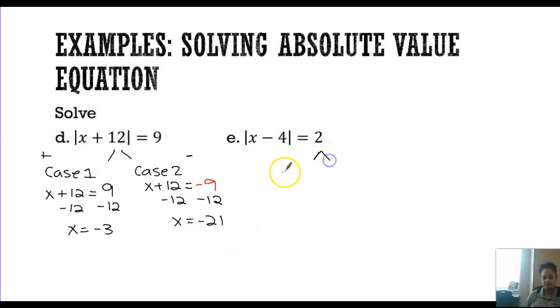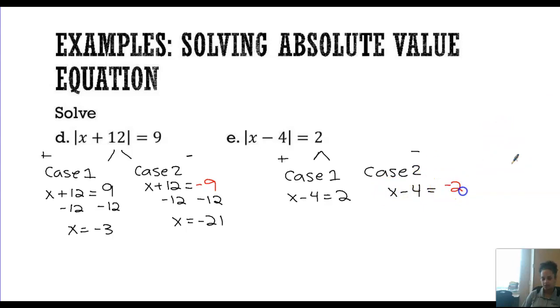Last one, why don't you pause the video and take a second to try to solve this one. What I'm going to do is notice, again, case 1 and case 2. Case 1 is positive, case 2 is negative. For case 1, get rid of those braces, set it equal to +2. For case 2, get rid of the braces and set it equal to -2.